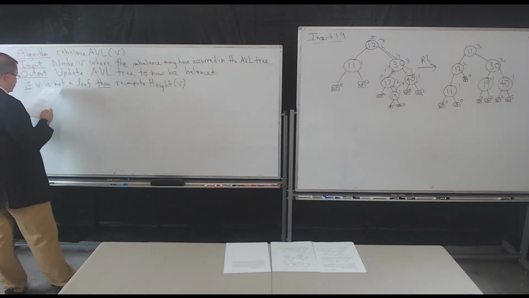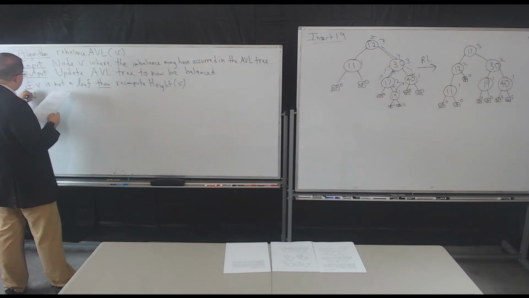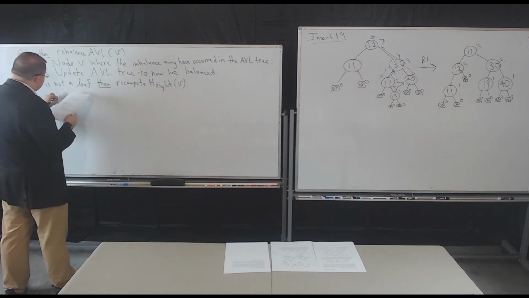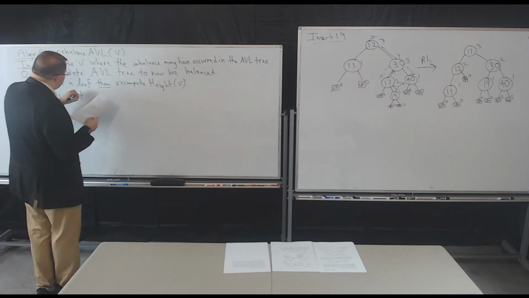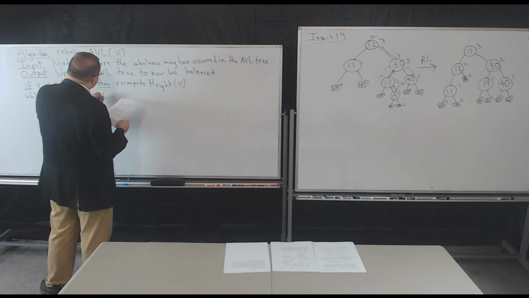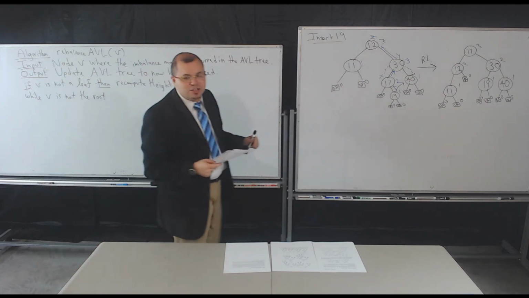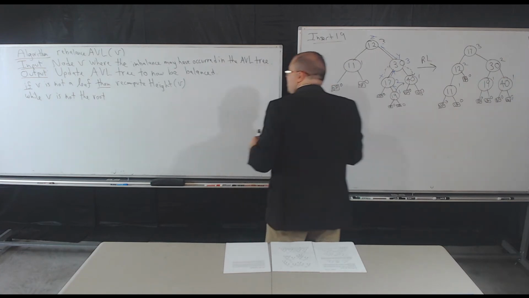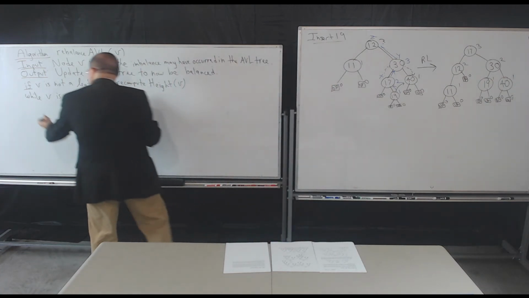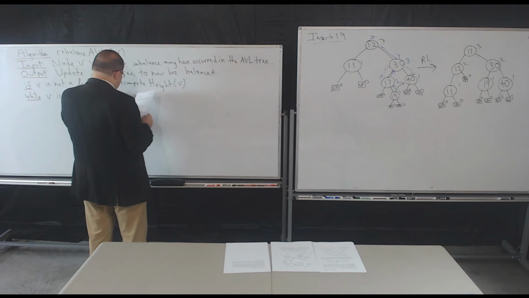Then I'm going to have a while loop: while V is not the root. I have to be very careful here. The root might actually change in this rotation process. So I'm warning you right now that you have to be careful.